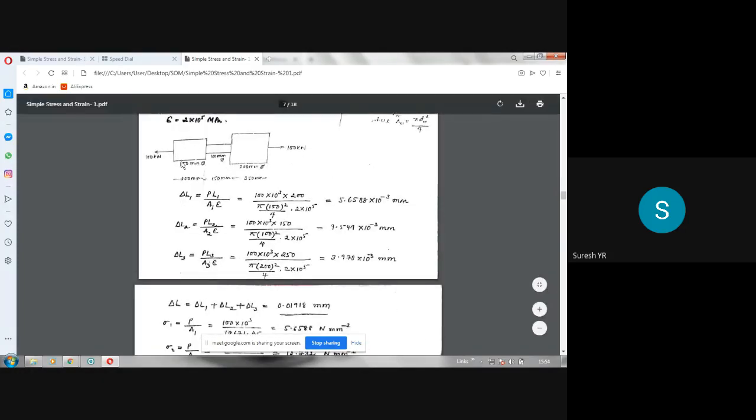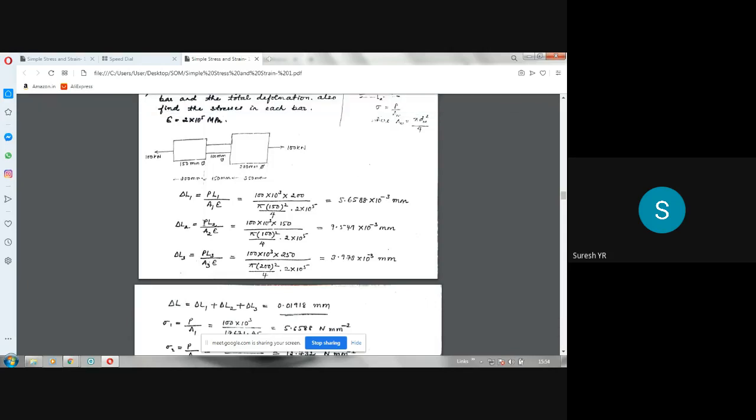For the first one, elongation is given by P into L1 divided by A1 into E. So what is A1? A1 is nothing but pi d1 square by 4. For a circular rod, area is pi d square by 4. So d1 is 150 mm here. So substitute that. So pi into d1 square by 4. So this 100 kilonewton, I have converted it into Newton.